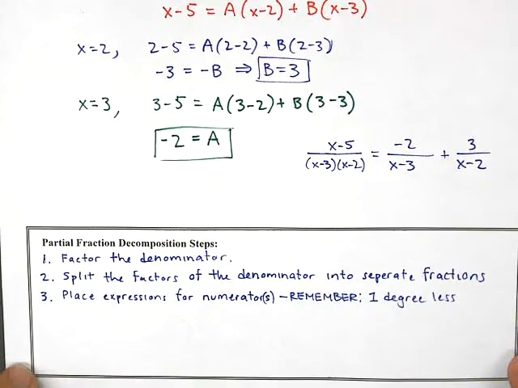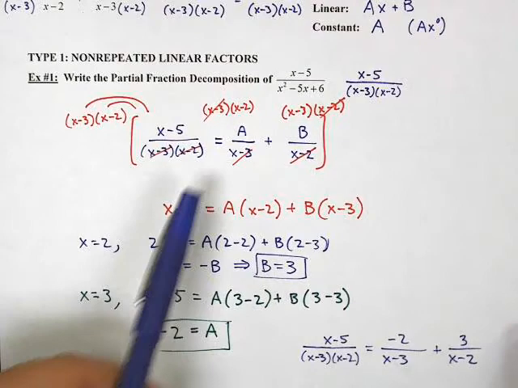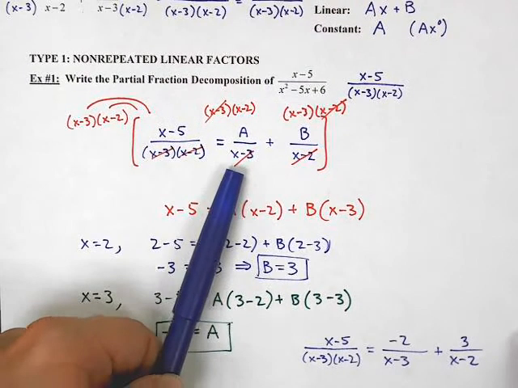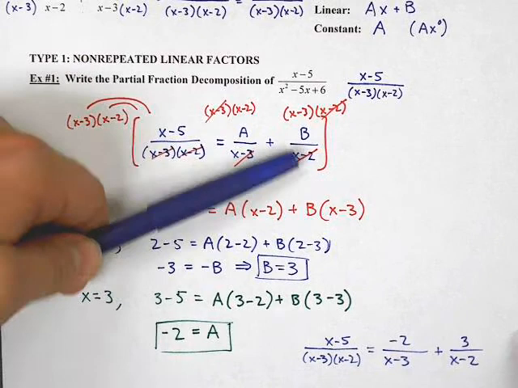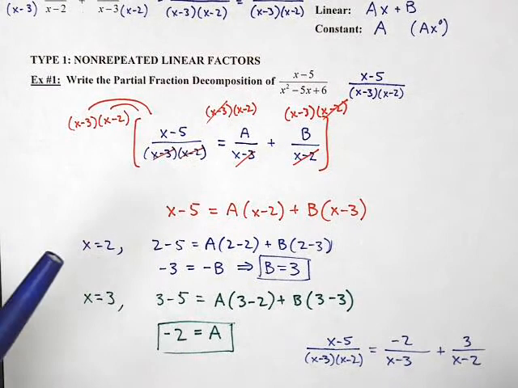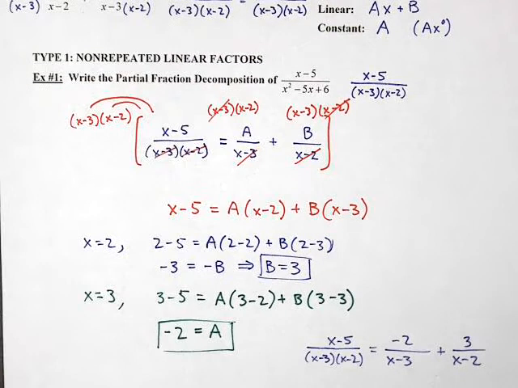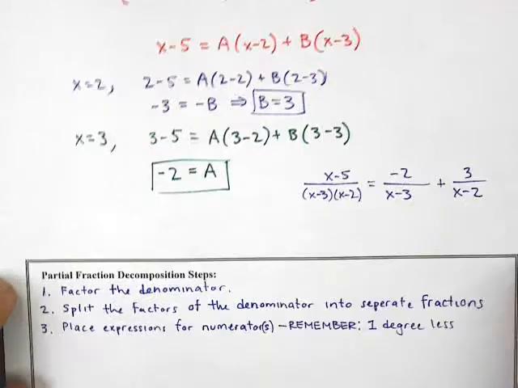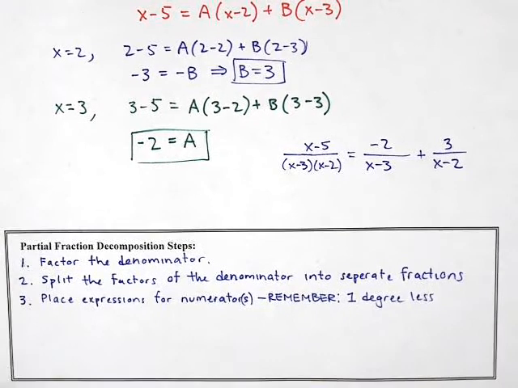What do I mean by that? That means that if my factor in the bottom is linear, then my numerator has to be a constant. If my factor in the denominator was quadratic, then my numerator would have to be linear. We'll see that in a little bit.